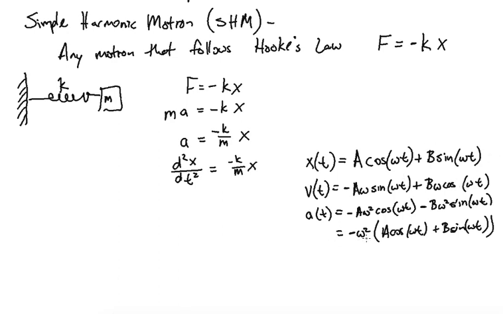So we have negative omega squared here is this. So a as a function of time is equal to some constant times x. This is what x is. So this would be a equals negative of some constant times x, because this part here is x of t. So this actually does fit this equation here.